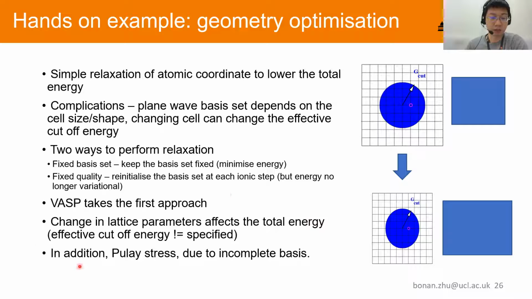It's very important to keep this in mind, because when you change the cell, when you change the lattice, you are changing the effective cutoff energy. The other problem is the Pauli stress, which is due to the incompleteness of the plane wave basis, because essentially you need an infinite basis to fully describe the wave function, but we only have a finite set, so there is a Pauli stress.